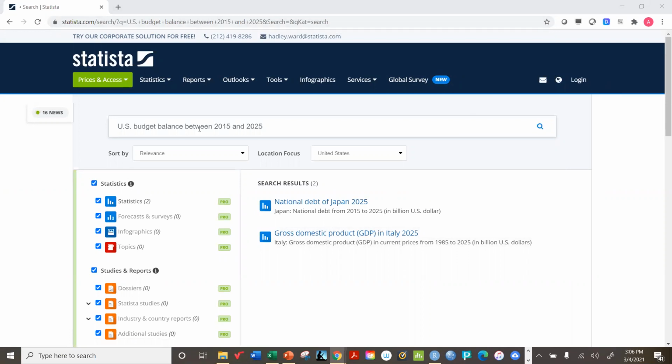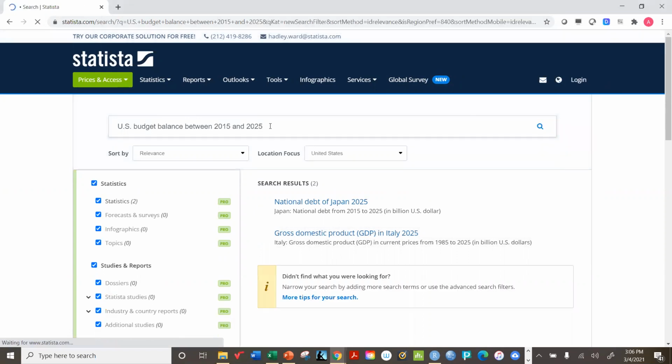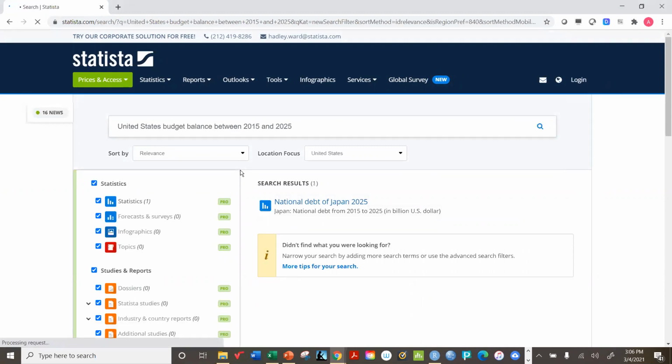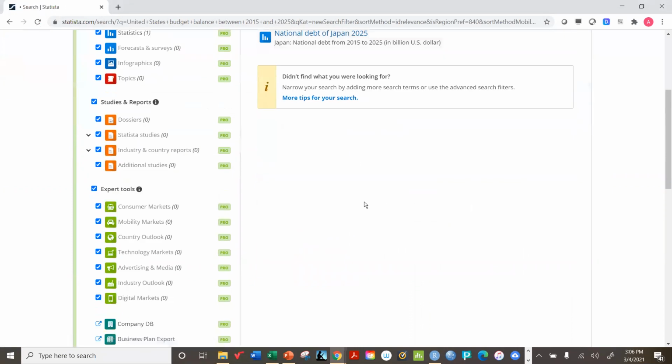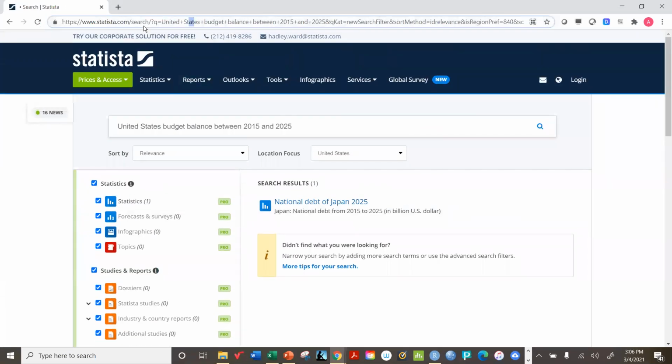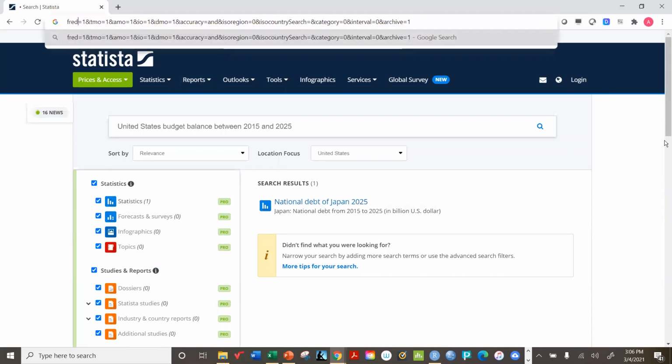I don't know what I did wrong. That's what I did for the others. That's how I found the other countries. Let me change it to United States. Wow, I don't understand how it can be so different from one country to the next. Let's do it up here. You know who would have this? FRED would have this.